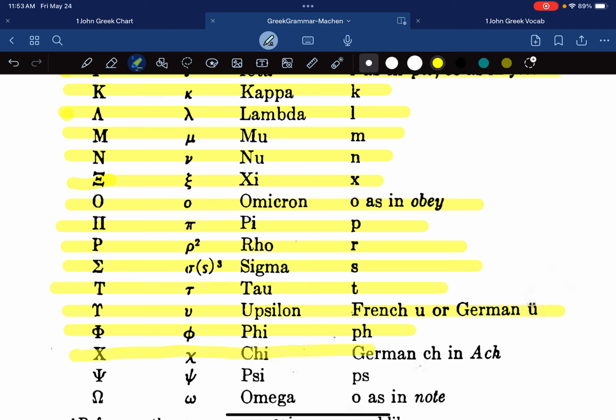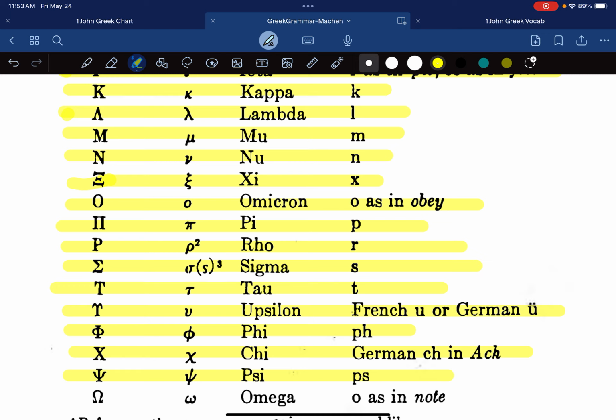Then we have the chi, and notice it looks like our letter X, but it makes the German CH sound, as in ach, or the Loch Ness Monster. You hear that CH sound, so that's the letter chi. Then we have the letter psi, and it is the PS sound, as in Poseidon.